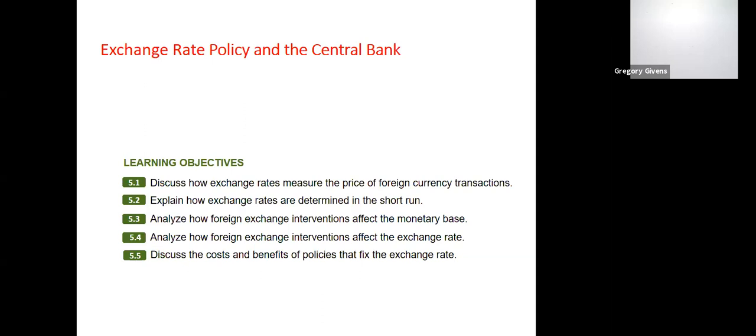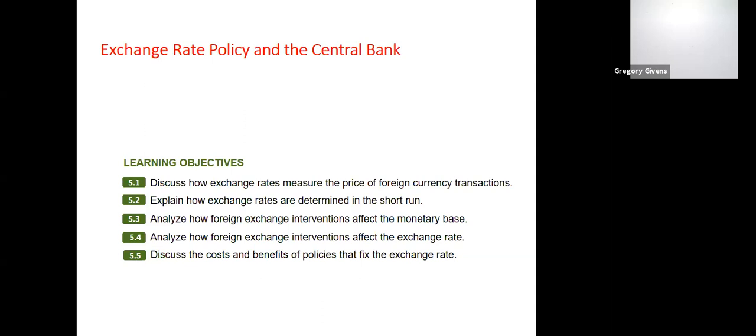We need to take some time to refamiliarize ourselves with a key concept in international macro that makes all of these trades of goods and services as well as assets possible in the first place. And that is exchange rate. So that's what we're going to do first today, is talk about what exactly the exchange rate is and how it measures the price of these things called foreign currency transactions. Hopefully, most of this will be a review.